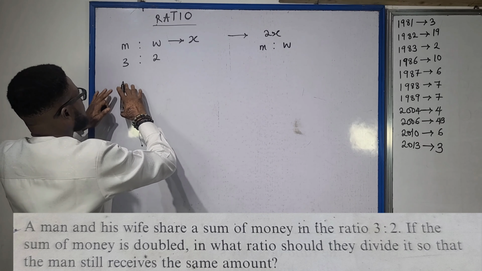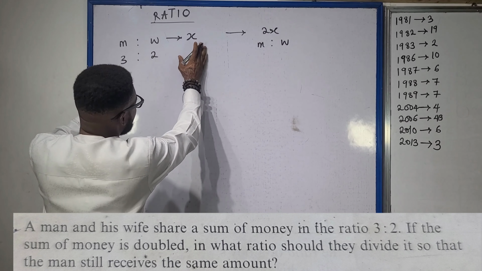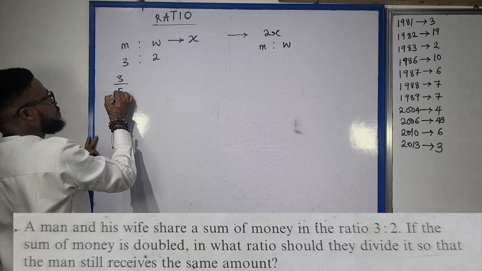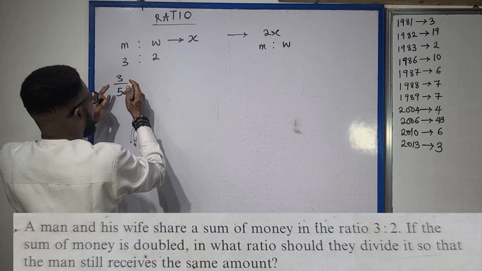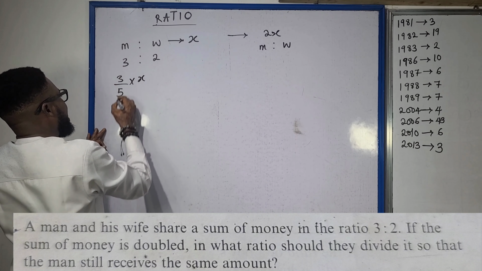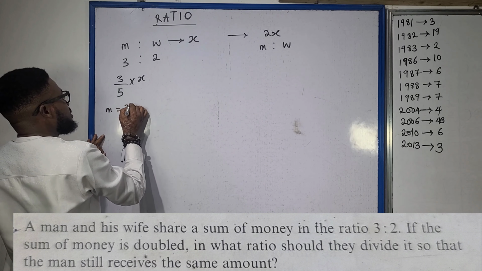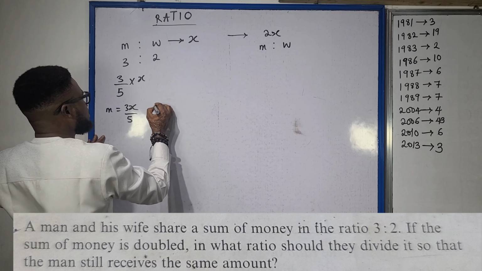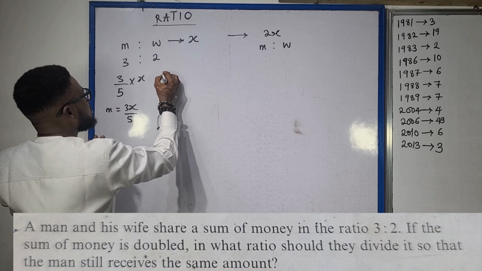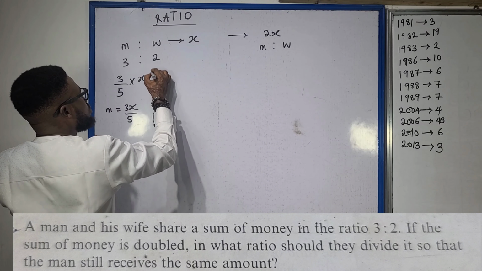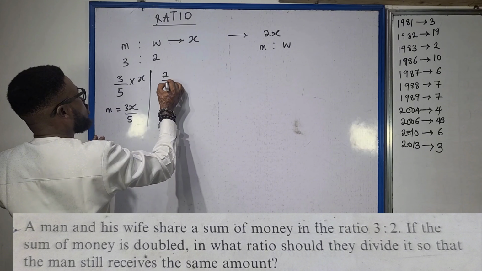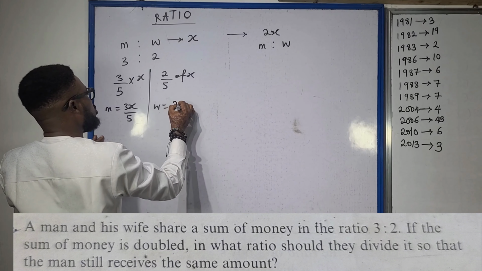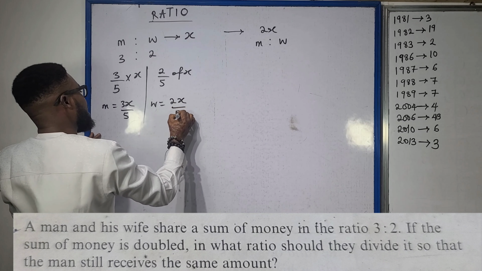Coming back to this, at first they were to share x, so what the man will be getting at this point is 3 out of a total of 3 plus 2, 5 is the total ratio, times x. So the man is going to be getting 3x over 5, and the woman is 2 over 5 of x, which is 2x over 5.